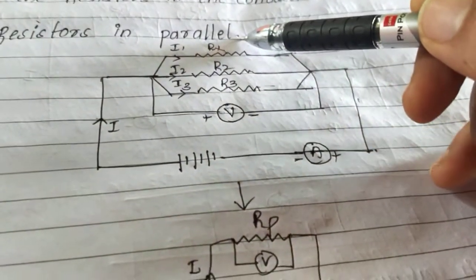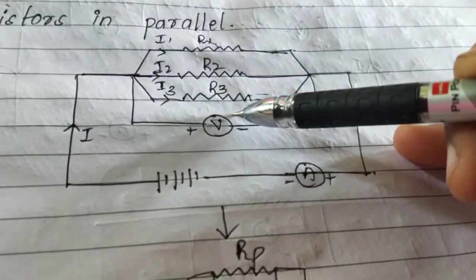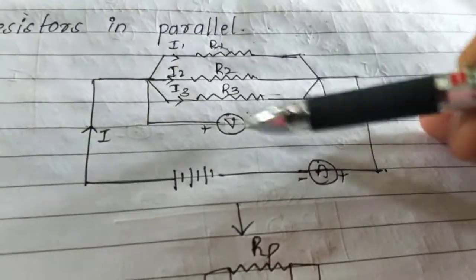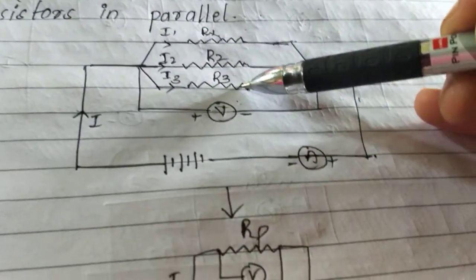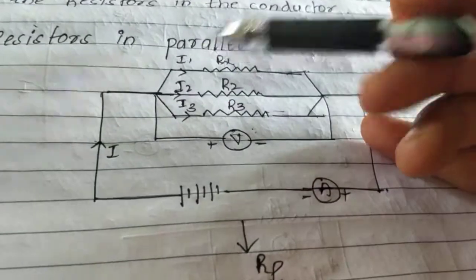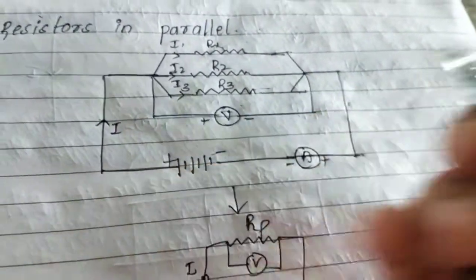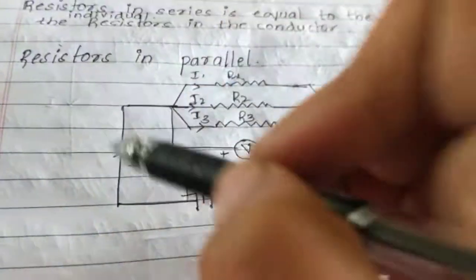What is meant by parallel is that the resistors are arranged one below the other. When you arrange the resistors one below the other, the current which is flowing is divided.